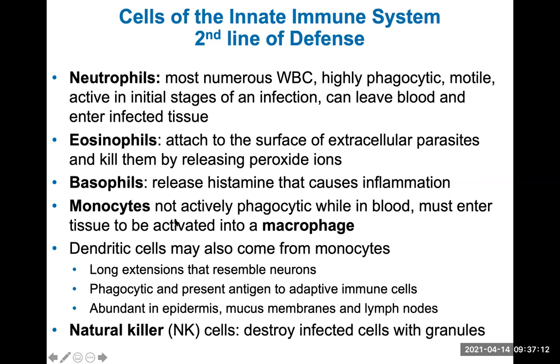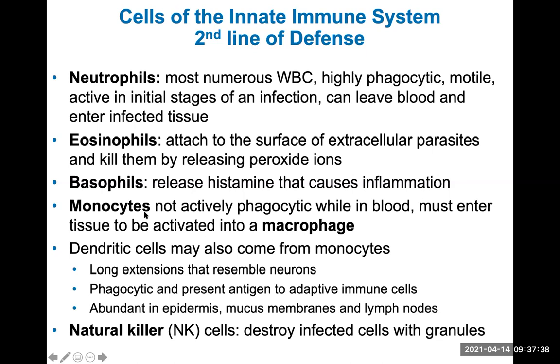And then monocytes are, as we talked about, these immature phagocytes that circulate in the blood. So in the blood, the monocytes have no activity. They're not phagocytic in the blood. They have to be attracted to the site of an infection, enter the tissue, and then they become activated.